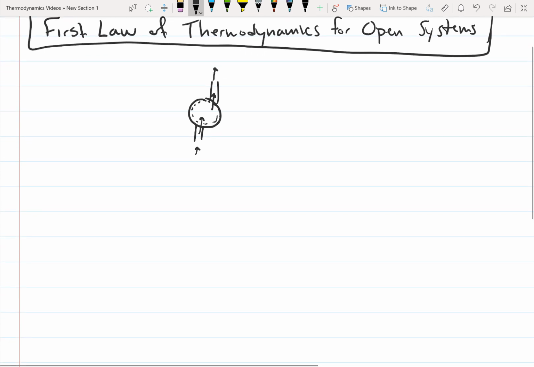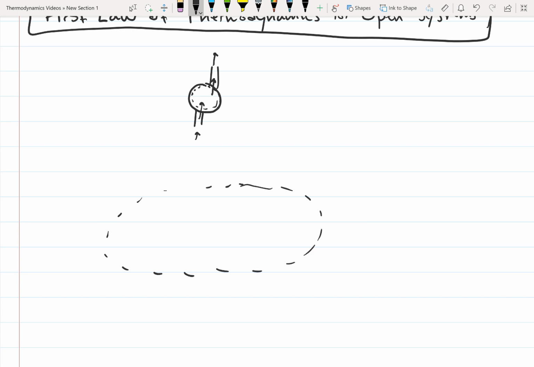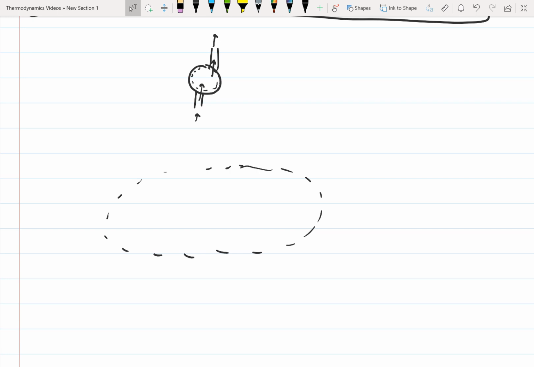So first of all, let's just draw a control volume. So here's a control volume, and I'm going to specify that this is the control volume. And we have fluid flowing in and out. So let's say that we have a mass of fluid right here that's flowing into the control volume.